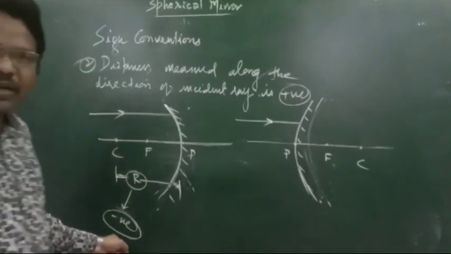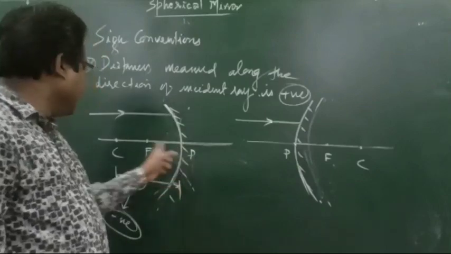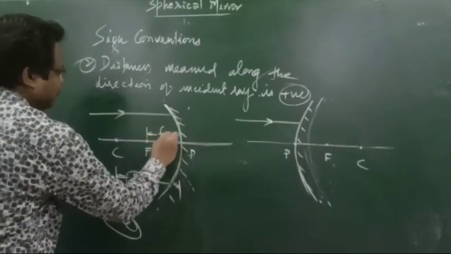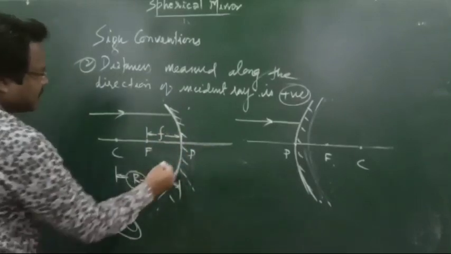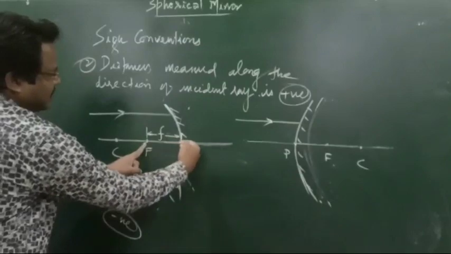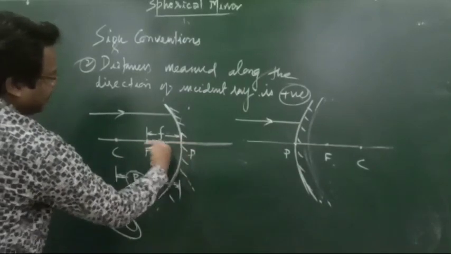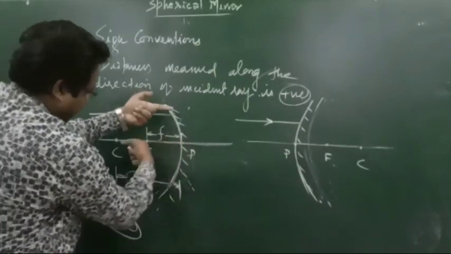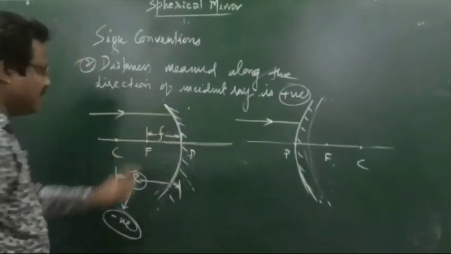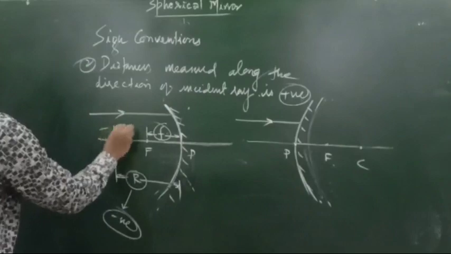So for concave mirrors, the radius of curvature is negative. In the same way, this is called the focal length. When you measure it from pole to the focus, here also you are measuring it from the pole opposite to the incident ray. So we'll take focal length negative.